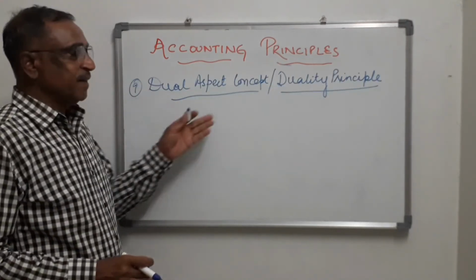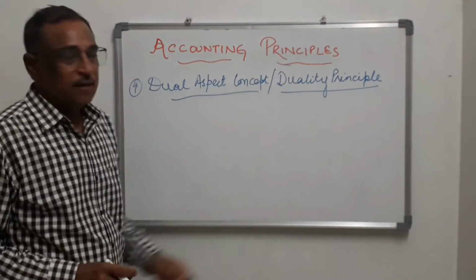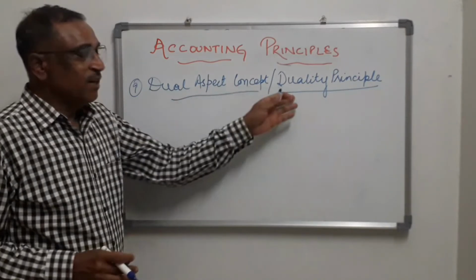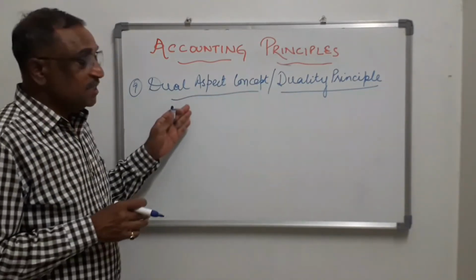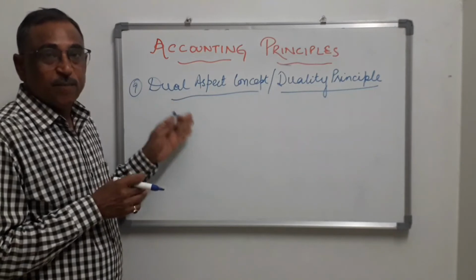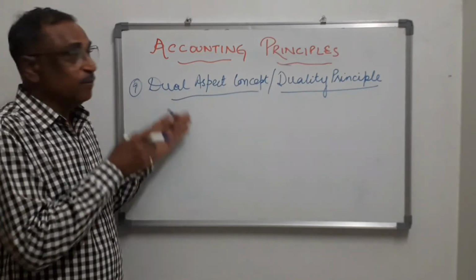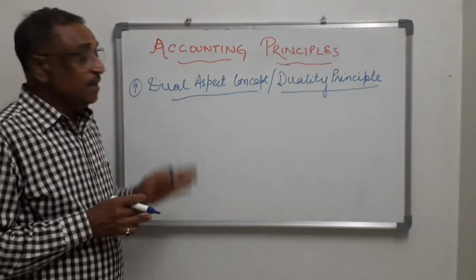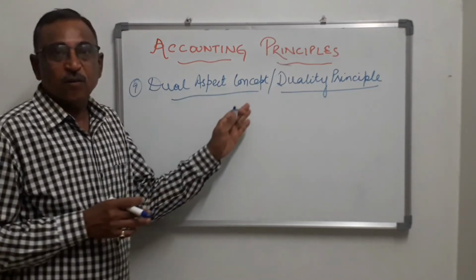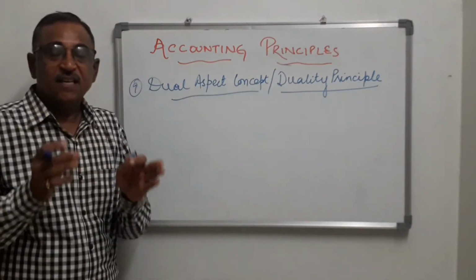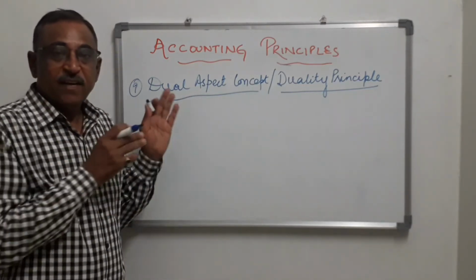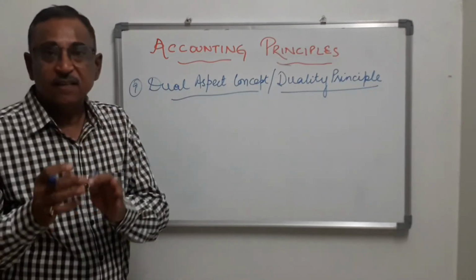Dual aspect concept or duality principle. Duality means double. Now this is the core of the double entry bookkeeping system. According to this principle or concept, every transaction has two aspects. One is the debit and other is the credit.